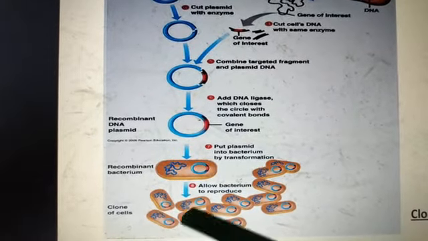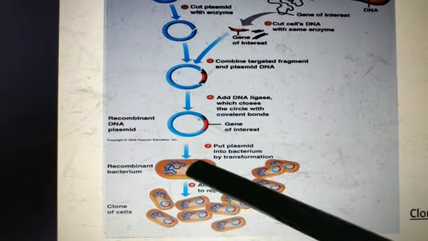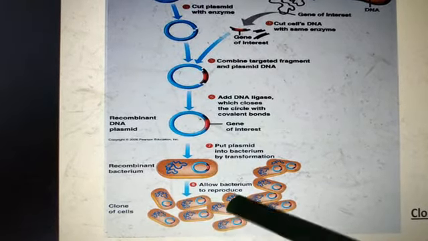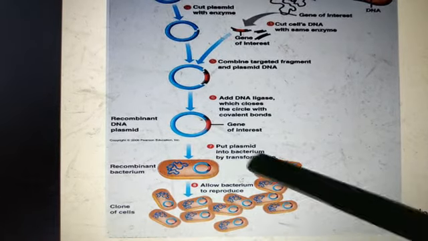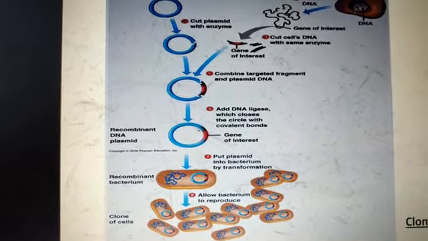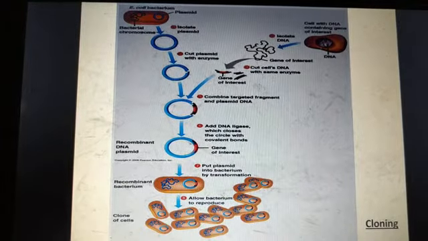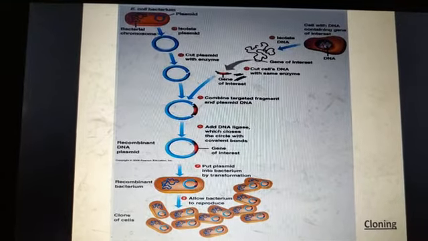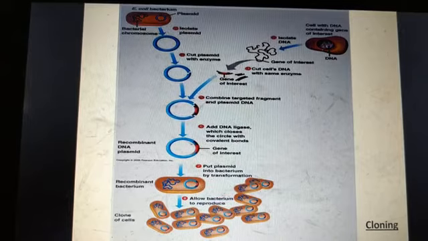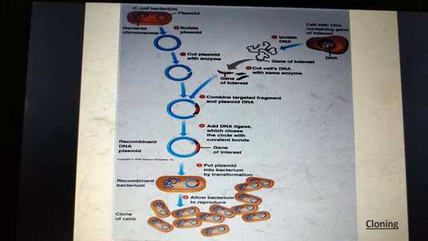So these are our clones of cells. This is our clone cell. So this is what cloning is and how it is done. Recombinant DNA technology and cloning are often used together, isn't it?